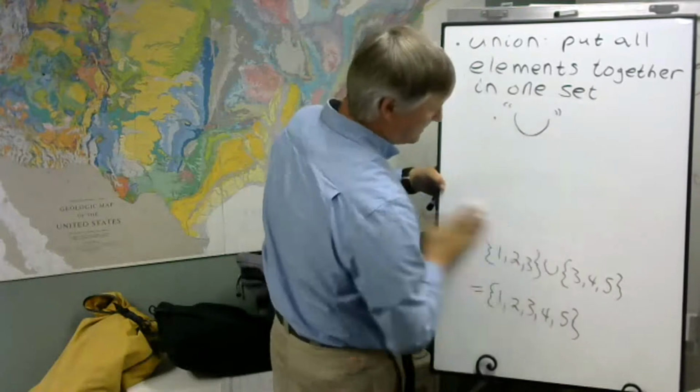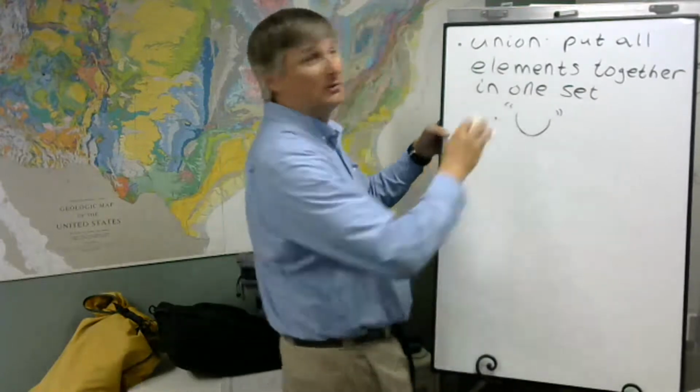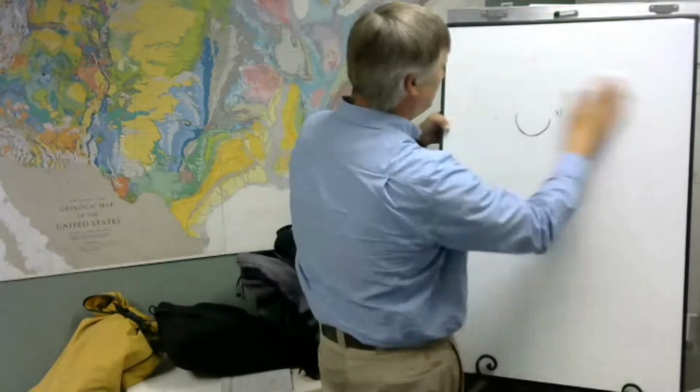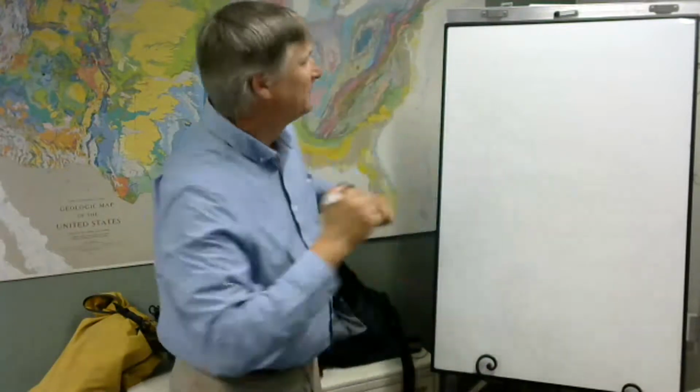The other type of set operation we're going to look at is intersection. And this is the set of overlapping or shared elements, sort of like the intersection with like a road or something.